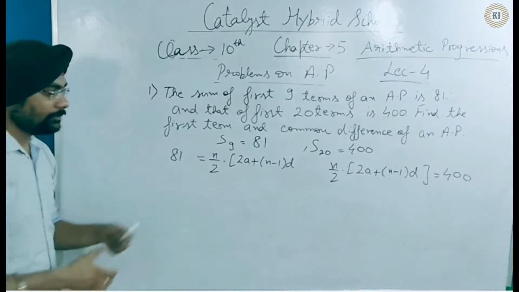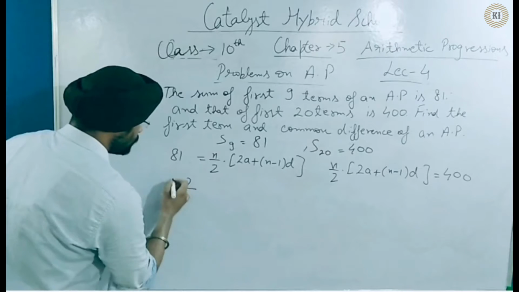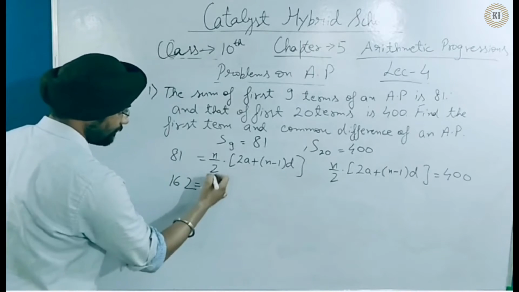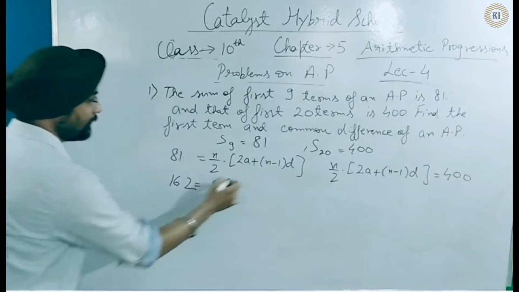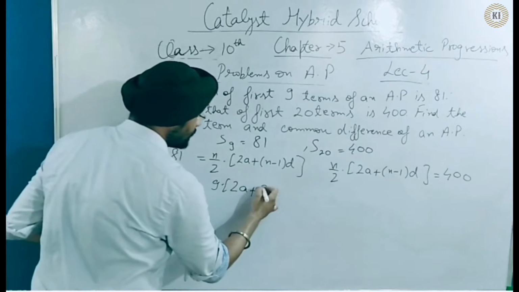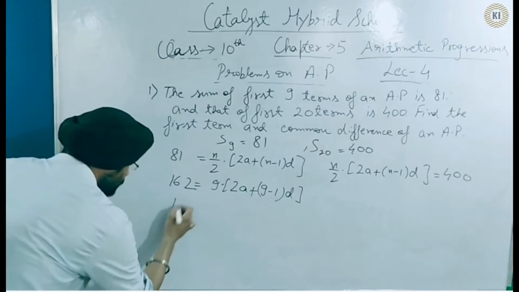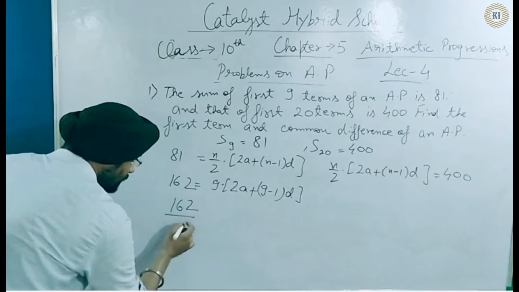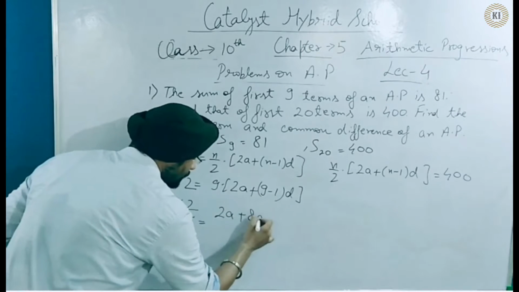So when you solve this, 2 ones are 2, 2 nines are 18... 162 equals 9 into 2a plus (9 minus 1) into d. So when you solve here, 162, this 9 will come down, equals 2a plus 8d.